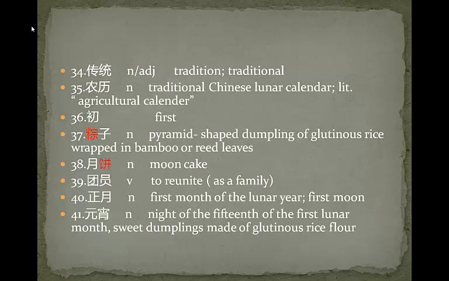第37个 粽子. It's a pyramid-shaped dumpling of glutinous rice wrapped in bamboo or reed leaves. It's very traditional food. Here, the left part of this character is the radical 米字旁.